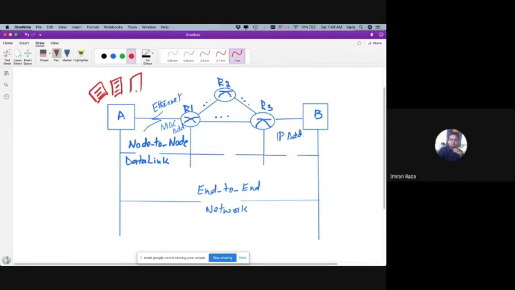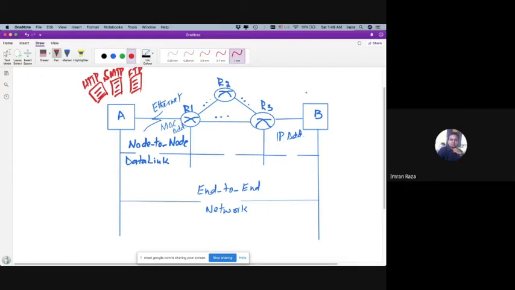For example, at machine A, I'm having HTTP protocol. There's a process representing HTTP protocol. Maybe I'm having SMTP protocol, or I'm transferring a file. For that, I have FTP protocol.